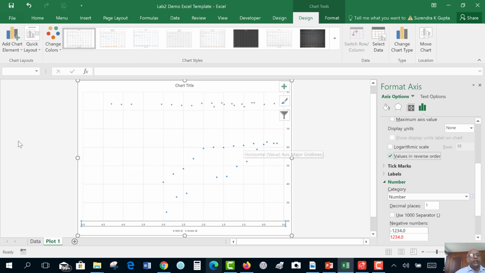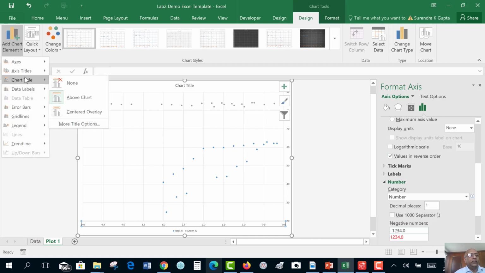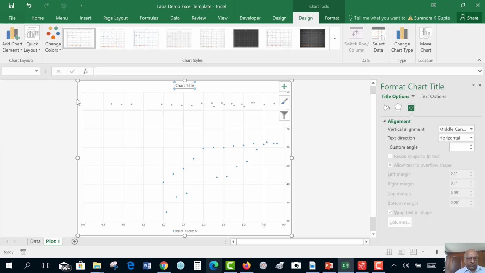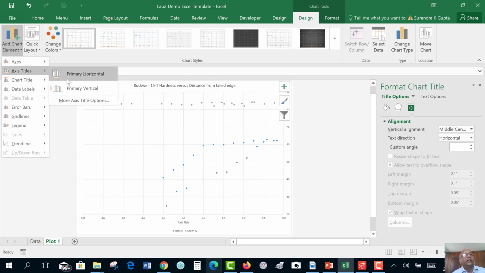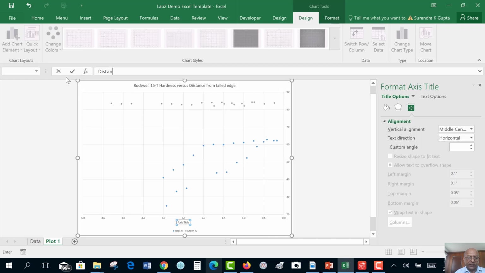So that's pretty much it. Let's add our usual element chart. So we will say Rockwell 15T hardness versus distance from failed edge. Okay, let's do horizontal distance from failed edge.